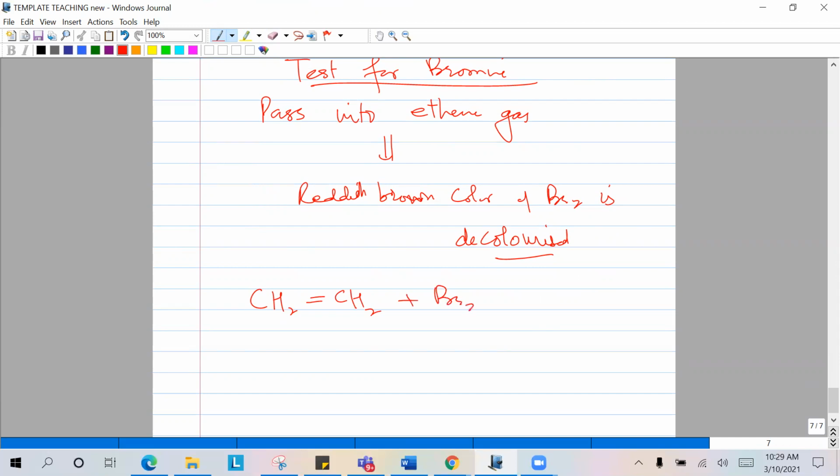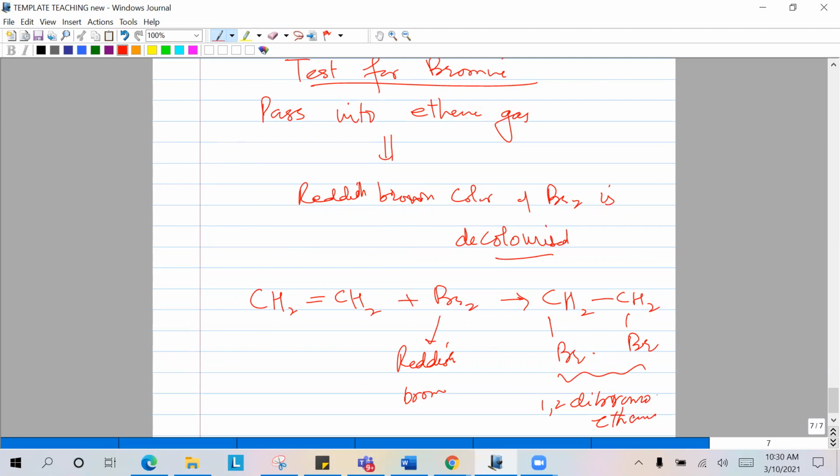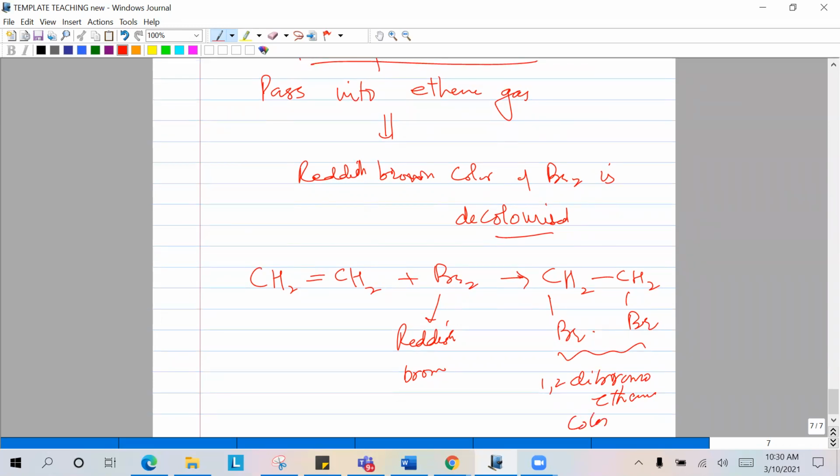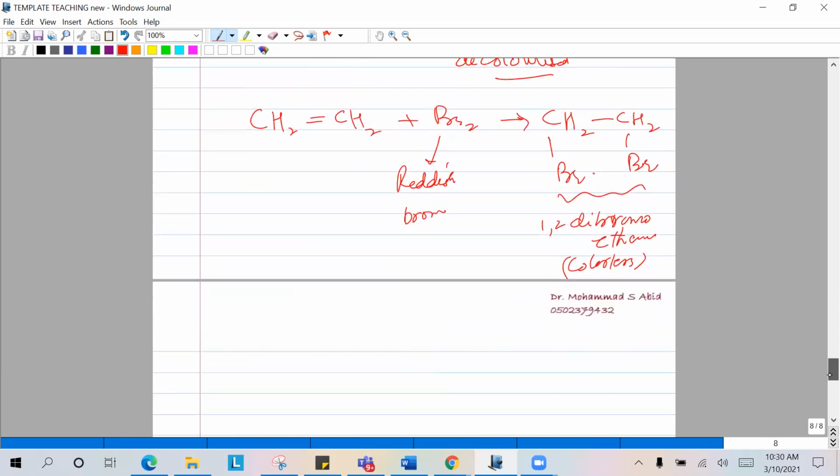When you add this to bromine, it will be this. So this is your reddish brown, and when it converts into this form, which is 1,2-dibromoethane, the color disappears. So this is your colorless solution. So that indicates the test for bromine.